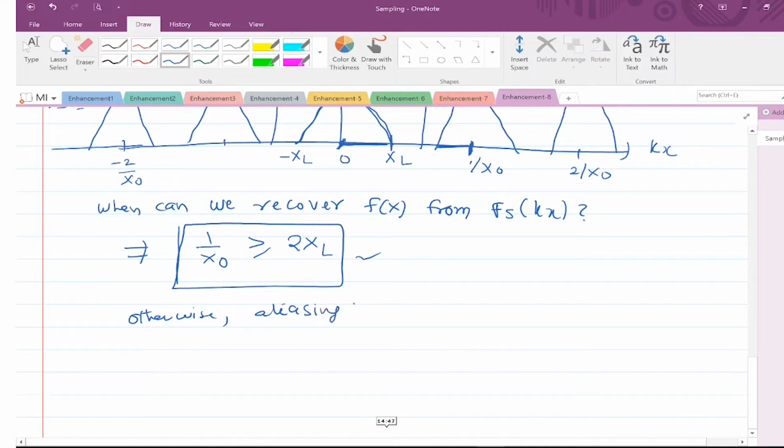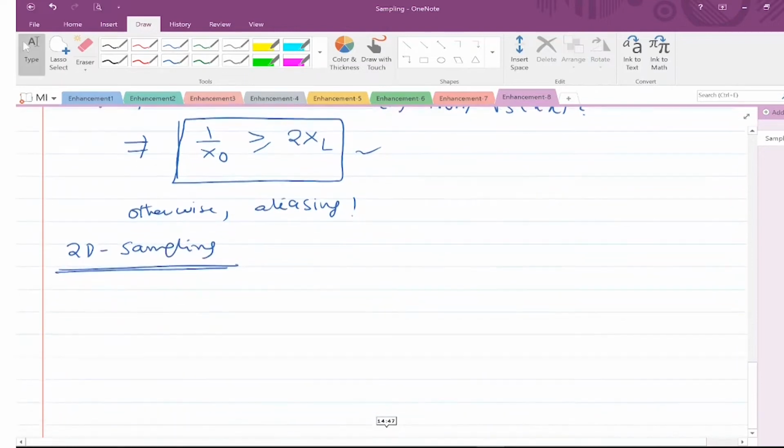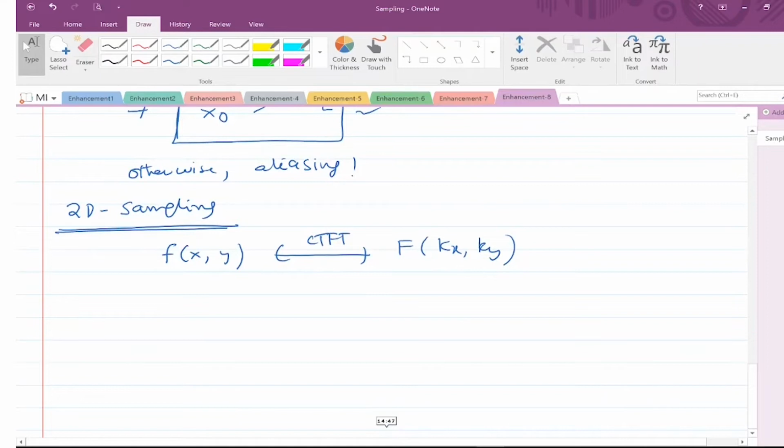Okay. Now let's go to the 2D sampling case with this background. Instead of f of x, now we move to f of x comma y. The CTFT of it, let's call it f of kx comma ky. So here also you have a function in 2 dimensions that you would be multiplying.